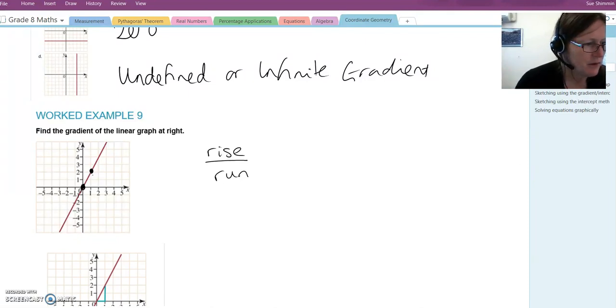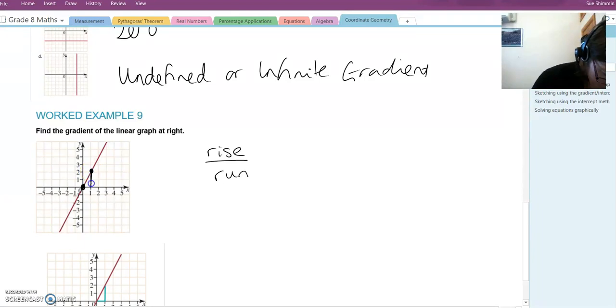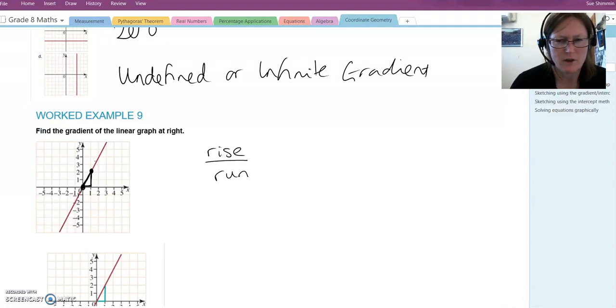So we choose two convenient points on the line and we draw a triangle, connecting those points. Doesn't matter which 2 points you choose because the gradient of a straight line is going to be constant. So if you chose a different 2 points, you'll get the same answer.